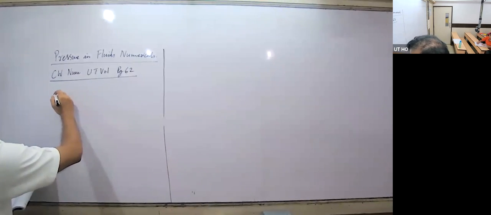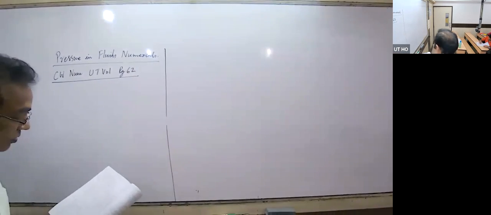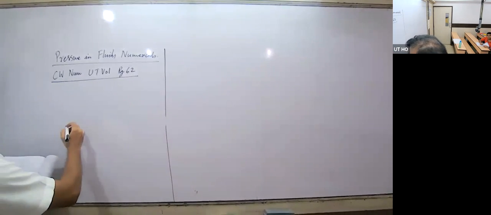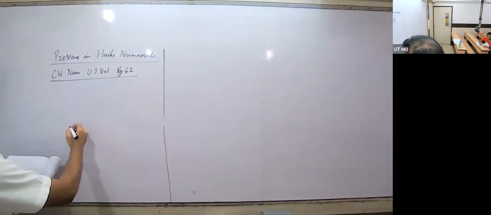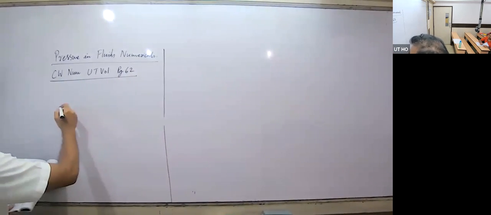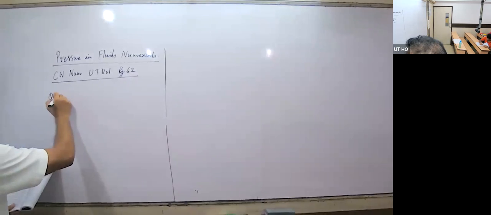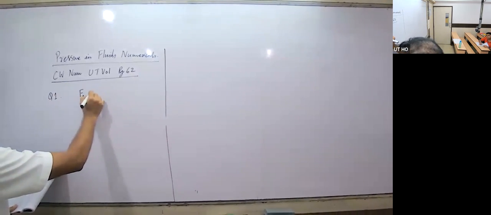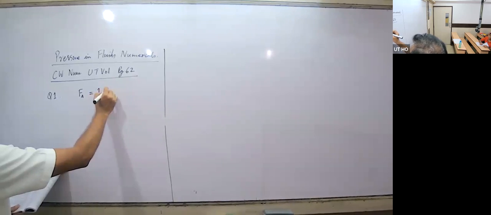So what is given is, I think it is also your book's first numerical, okay? It says the hammer exerts a force of 1.5 Newton on each of the two nails. So this is question 1. Force on nail A is given as 1.5 Newton.